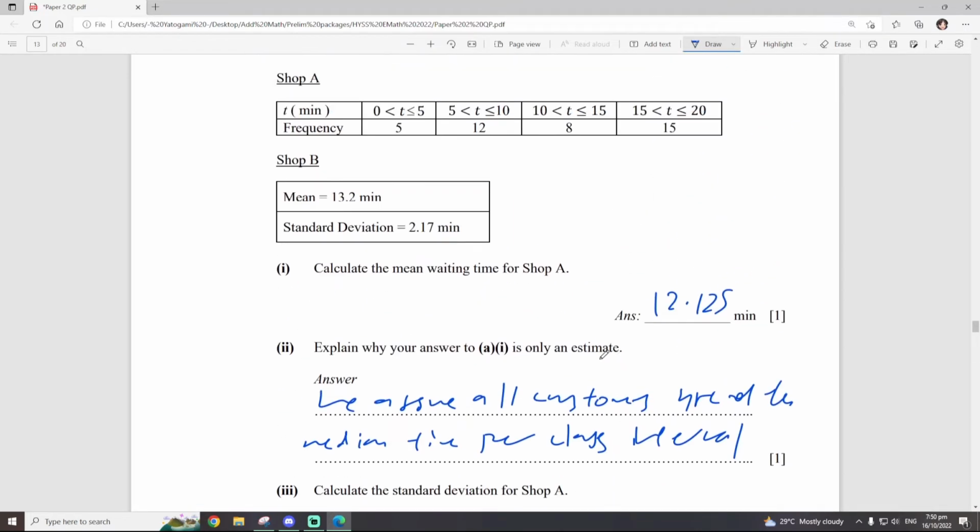Calculate the standard deviation. Okay, how do you enable frequency on this calculator? Okay, never mind. Okay, I got it.